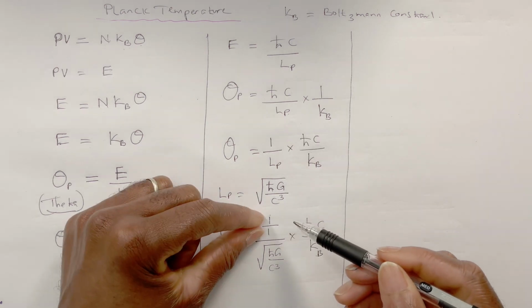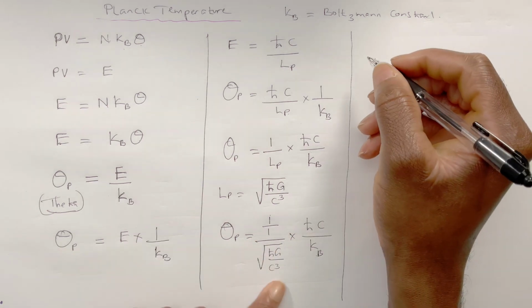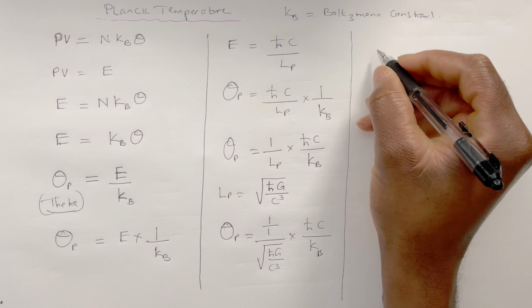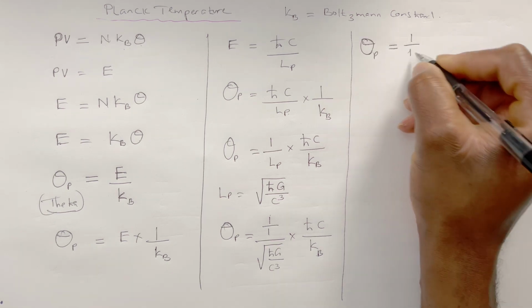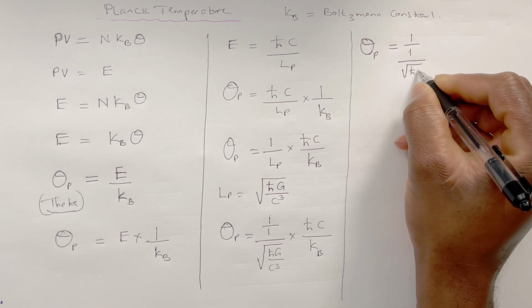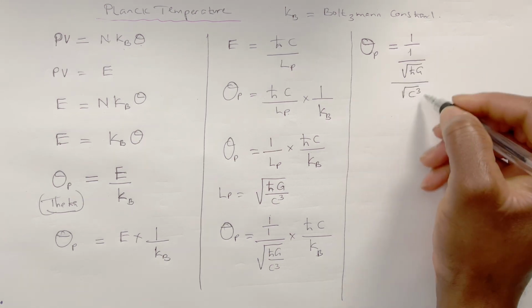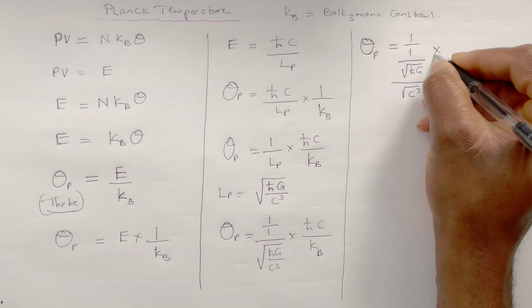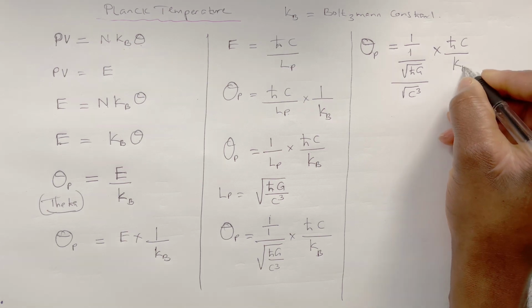So I'm creating a fraction and a division in the middle. You know what happens when you divide a fraction by a fraction. So Planck temperature will be 1 over 1 divided by root h bar G over root c cubed. So I'm using indices here, and then obviously times it by the h bar c over Boltzmann constant.